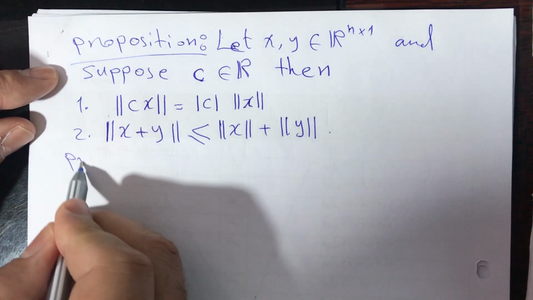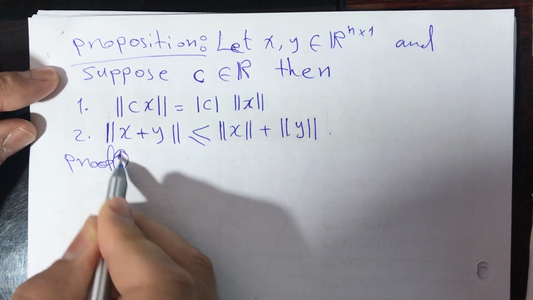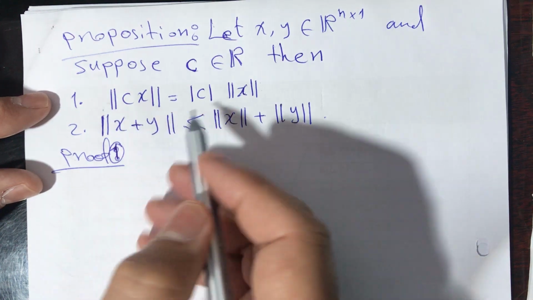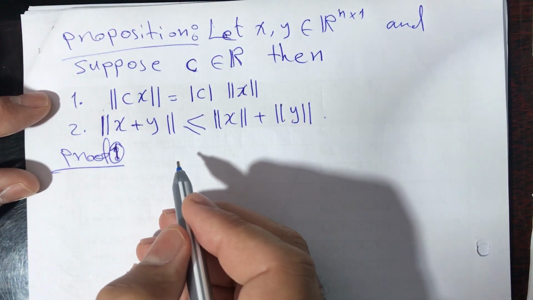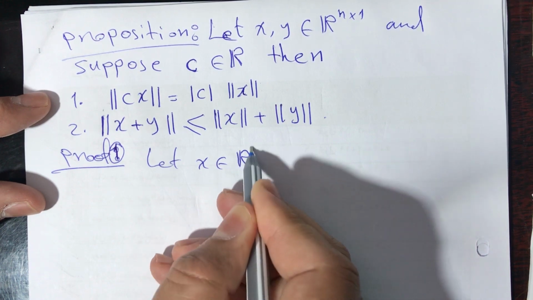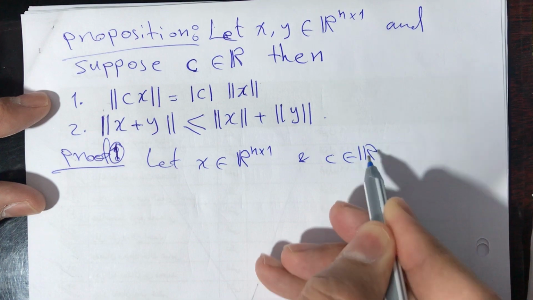Now we prove 1. Let x belong to R^(n×1) and c belong to the real numbers.